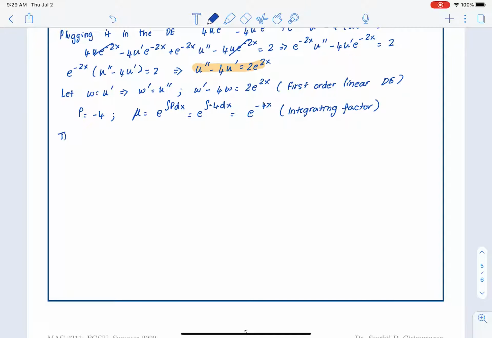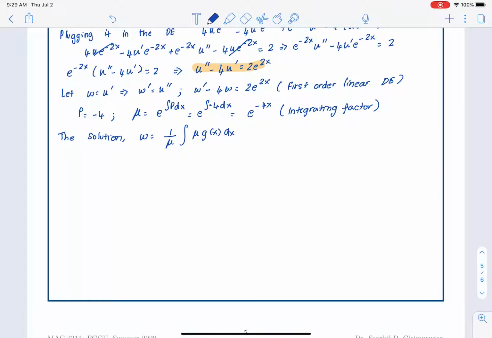So the solution to the DE, mind you, this is not for y2, this is not for u, this is for w. So w would equal 1 over mu times the integral of mu g of x dx.